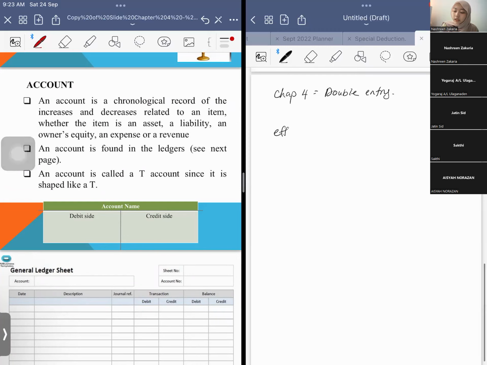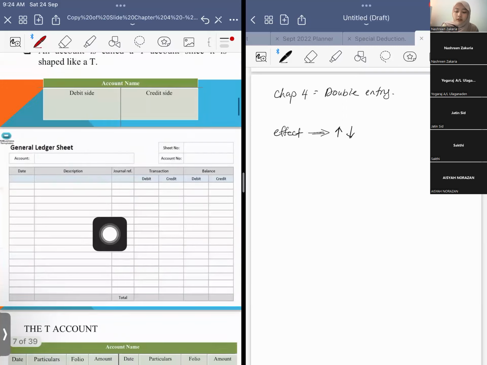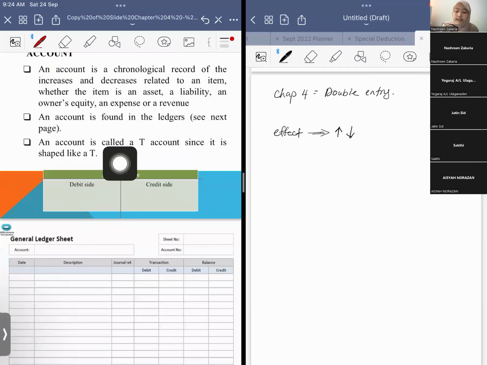Effect here means whether the element will increase or decrease. The elements are the five things from before. So based on the transaction, it will either increase or decrease the elements. Okay, an account is found in the ledger. This is an example of a ledger. An account is also called a T account since it is shaped like a T.